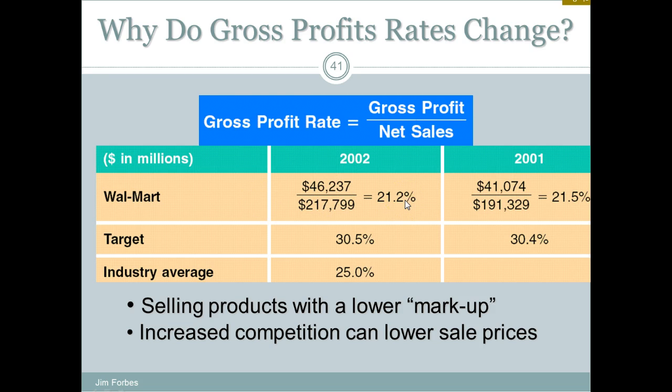For instance, Walmart is doing 21% here, whereas Target is charging more. So what they're saying is they're making a greater profit margin. That means they're charging the customer more. The average for the industry is 25%. So you can see Walmart is offering very, very cheap pricing. Hence, they probably make a lot more sales per square foot, which is another ratio that is tracked.